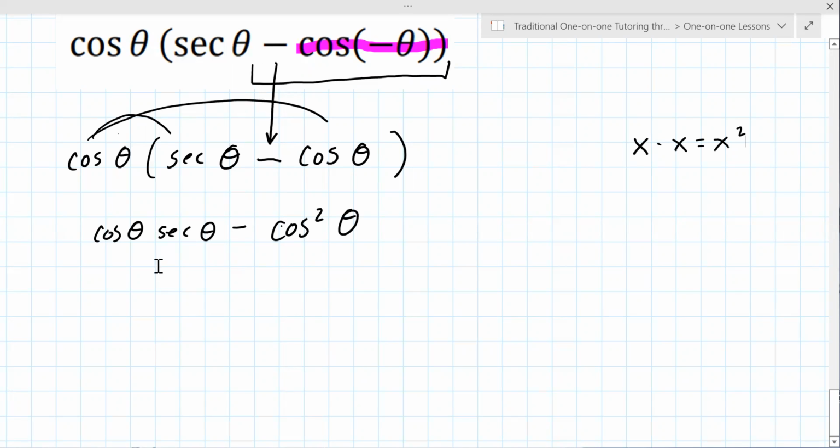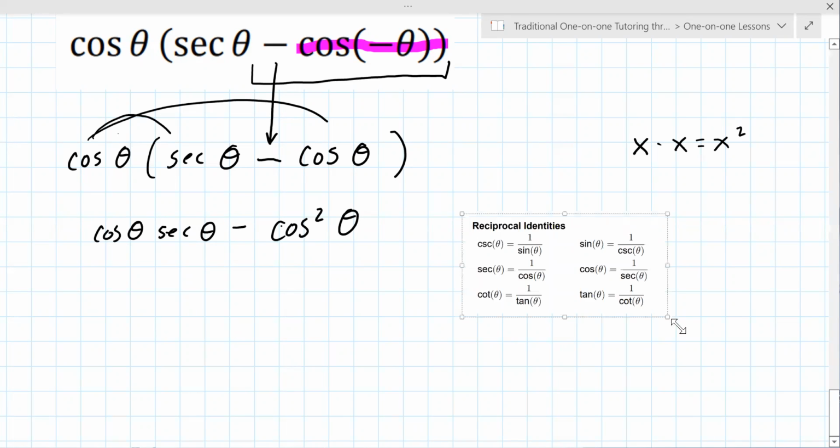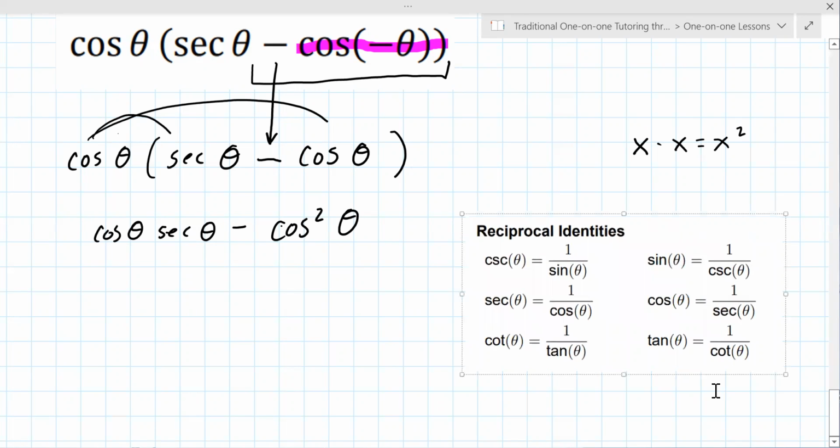No. So another strategy is to rewrite anything that's not sine and cosine into sine and cosine. Okay, so the secant theta, how can you write that as a sine or a cosine? Think back to your reciprocal identities. Oh, you can do 1 over cosine.